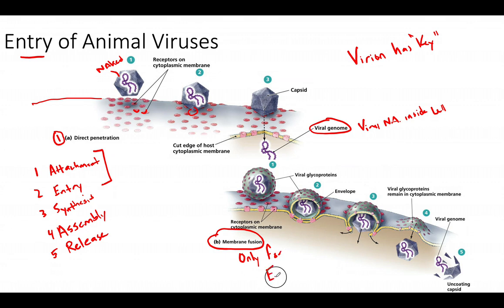So if a virus is enveloped, it could use this mechanism of entry. And so this is an enveloped virus. You can kind of see this sphere that encircles it. If you look closely, there is a capsid inside. You can see it better now because they've cut it away. There's a capsid inside that, and then inside that capsid is viral nucleic acid. But attachment starts the same way.